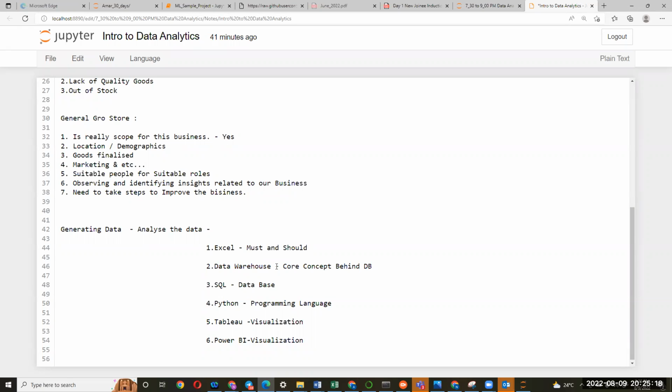Excel is installed in it? I'm using the website, I don't have MS Office. I'm planning to purchase it, but I don't have it. I'm using the Google spreadsheets and the website Excel. Is that okay, or do you want me to buy it? No problem, you can use it. Okay, and remaining all the people are using Windows itself. Yes, Windows.